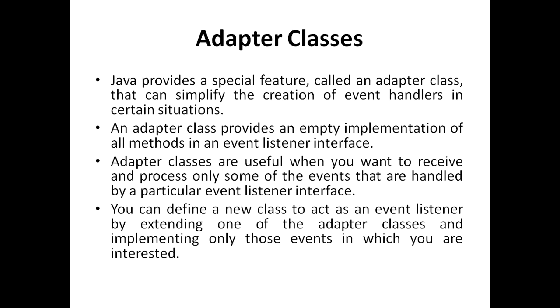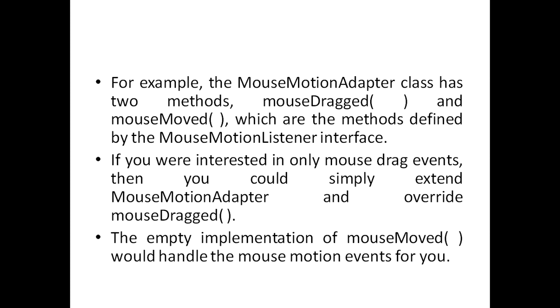Adapter classes are useful when you want to receive and process only some of the events that are handled by a particular event listener interface. You can define a new class to act as an event listener by extending one of the adapter classes and then implementing only those events in which you are interested.